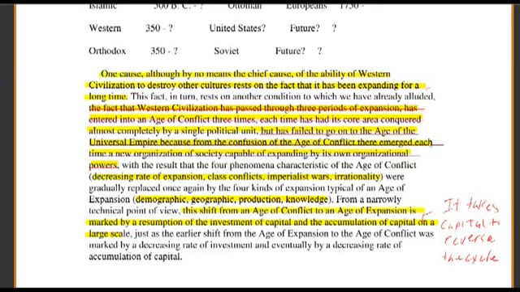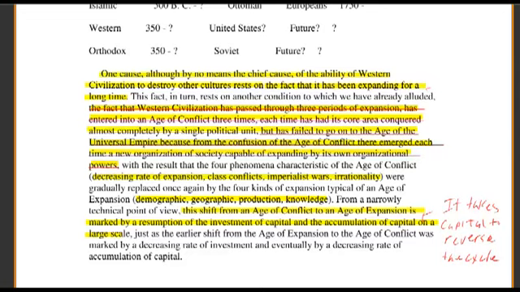There emerged a new organization, a society capable of expanding by its own organizational empires. Basically, for whatever reason, he gives several reasons, it's able to find a new organizational principle and start growing again. And here he gives you the keys.